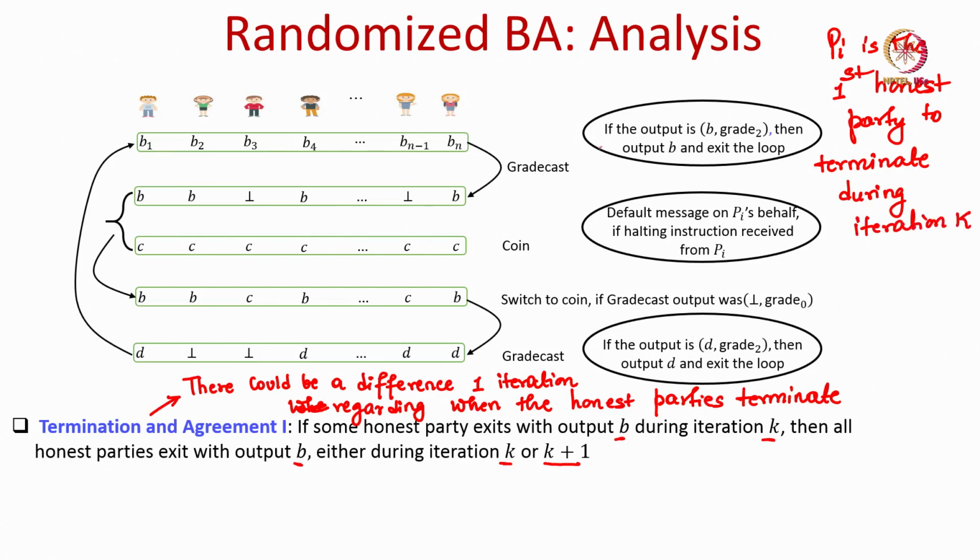Now, there are 2 possibilities where it would have terminated during iteration k, either at the end of the first invocation of Gradecast or at the end of the second invocation of Gradecast.